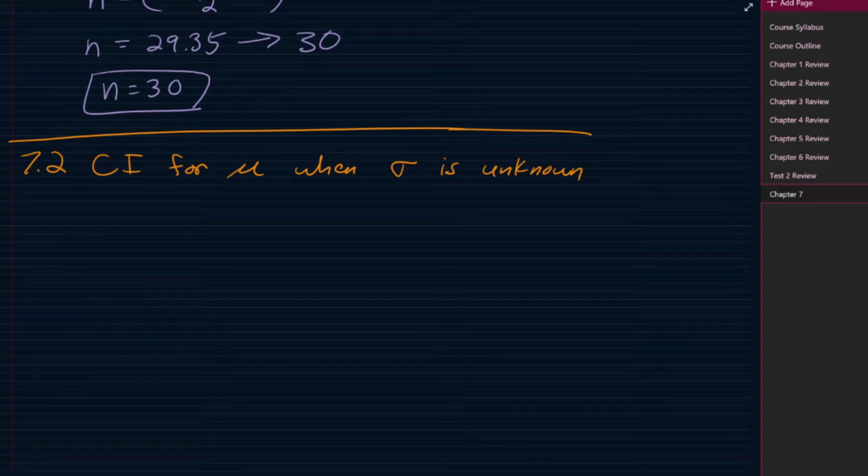That's sigma, which is going to be most of the time. Well, in that case, we're going to use the best point estimator for sigma, which is S, the standard deviation of a sample, rather than the standard deviation of the population. So when we don't know sigma, we use S instead.